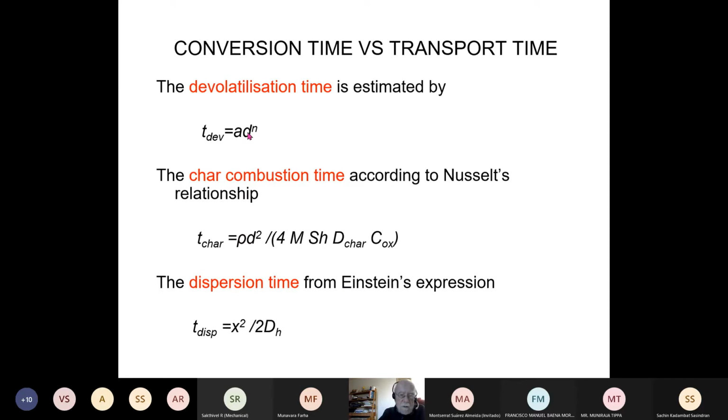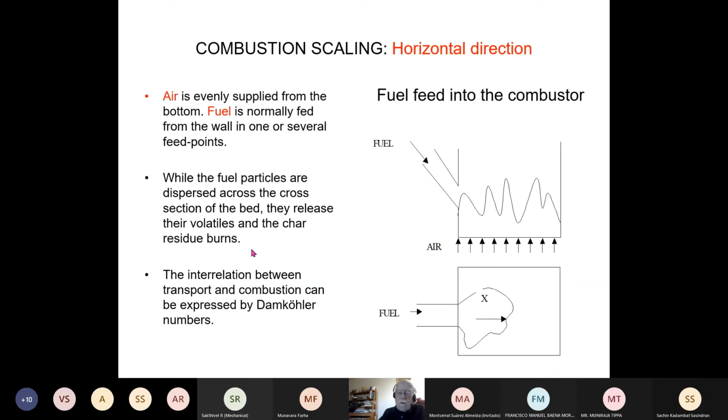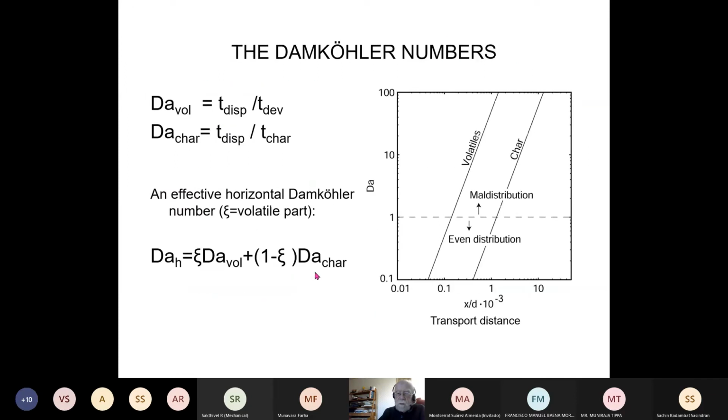Particle sizes are included here and here. If we have a much larger size of particles, then these lines would be displaced towards the right, and for the same size of reactor, we would have an even distribution.